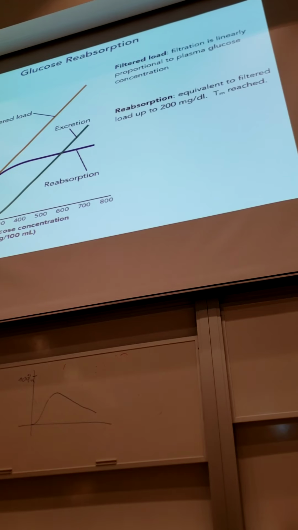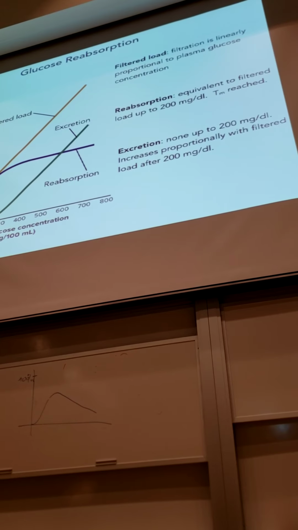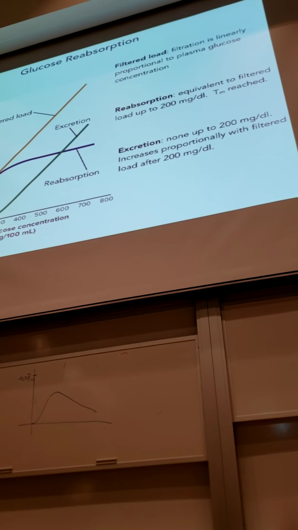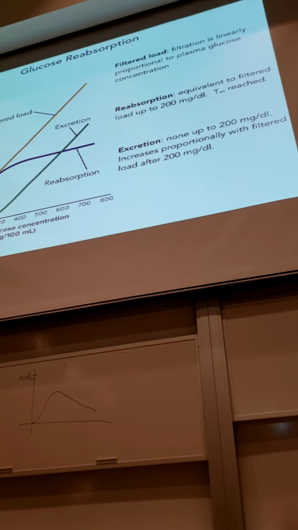Now, in principle, every substance that we're reabsorbing should have a transport maximum, because all of these transporters can become saturated. Typically, there aren't any problems associated with other types of transport maximums being reached.